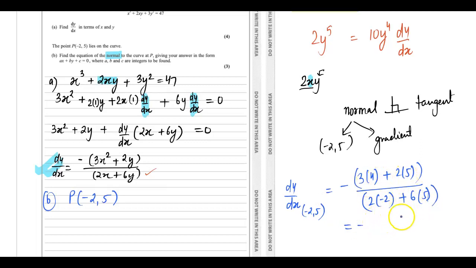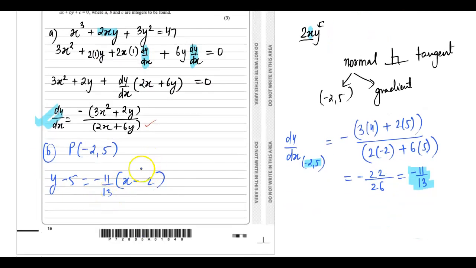That gives us negative 22 over 30 take away 4, 26. That comes to negative 11 over 13. Now what you're going to be doing is taking this gradient and these points, and y minus 5 equals minus 11 13ths, x minus 2. That would be 13y minus 65 is equal to minus 11x and minus 22.